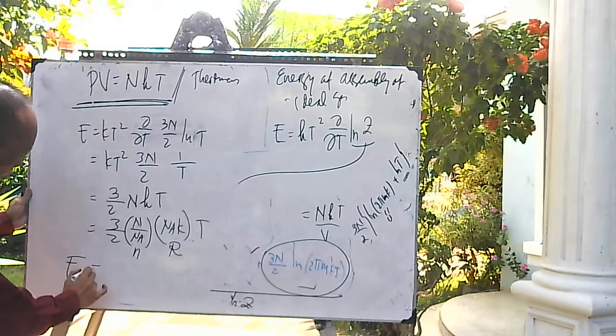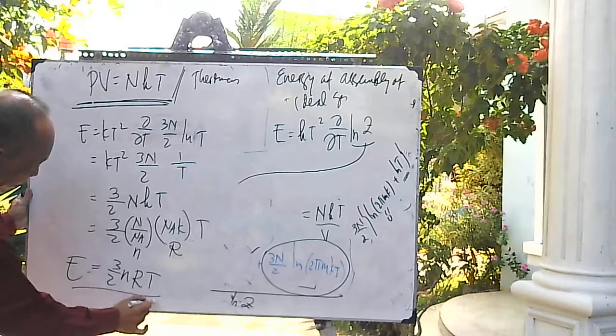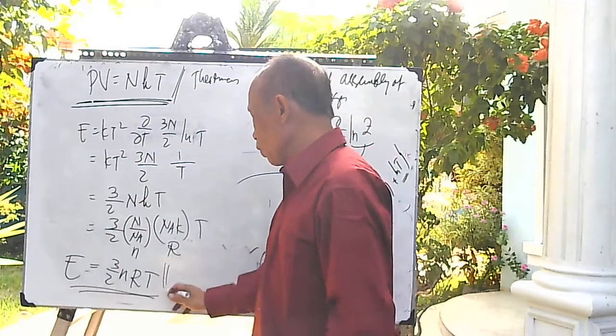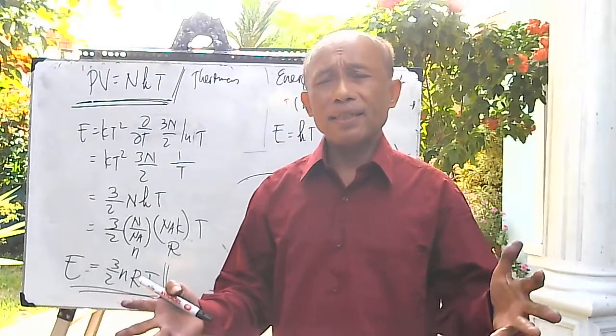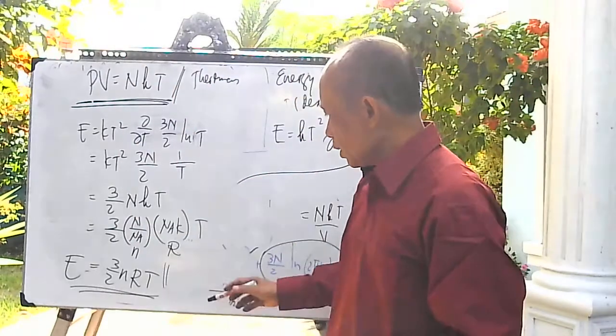We finally obtain 3 over 2 nRT. Now this is the well-known expression for the energy of ideal gas in a three-dimensional assembly. This is very well known.